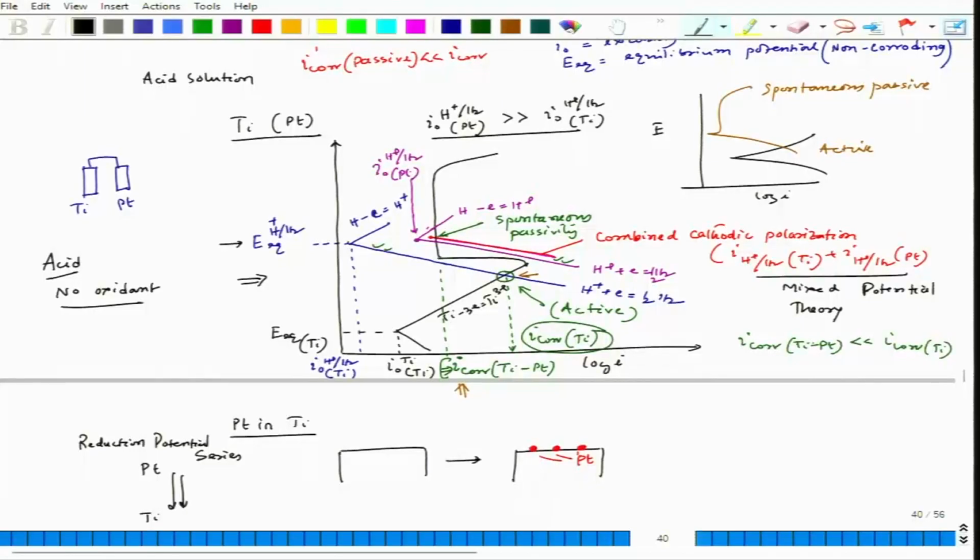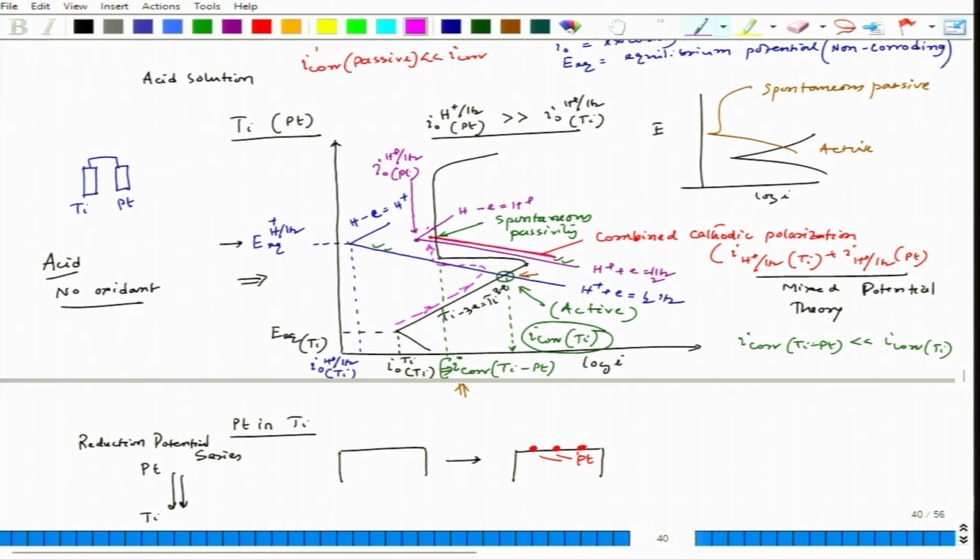In the beginning, definitely the corrosion would be very fast for titanium, because the path for reaching spontaneous passivity is this one. So it goes like this. So this is the path.